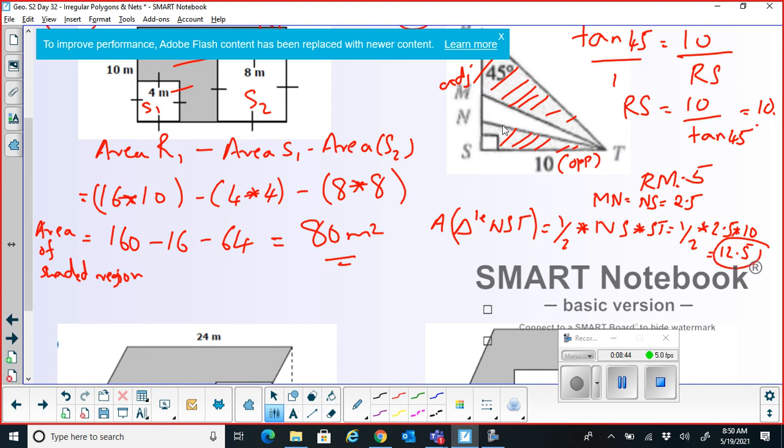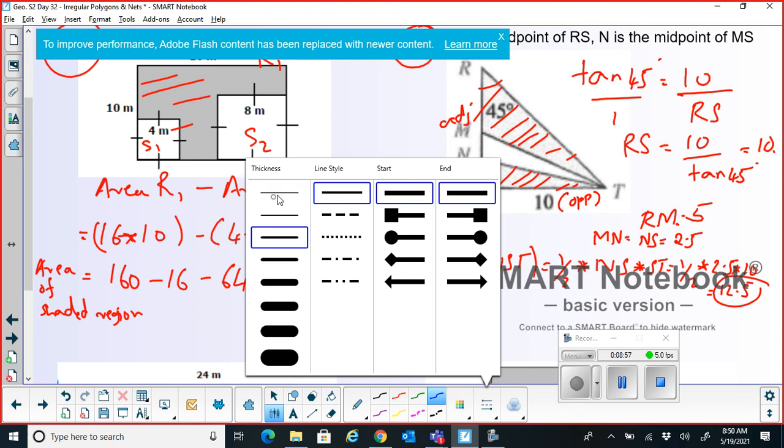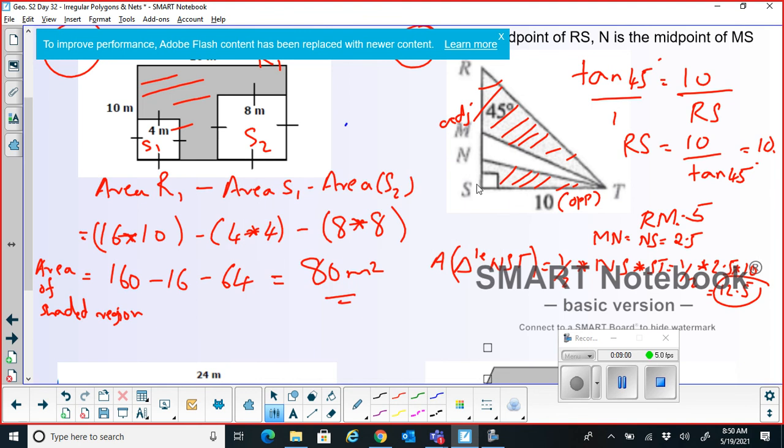Now I need to find this particular area as well, area of RMT. I can find RT by Pythagoras theorem because I already have, from this triangle, RS is 10 units, ST is 10 units. So this is supposed to be square root of 10 squared plus 10 squared.